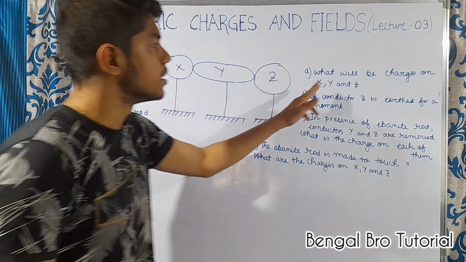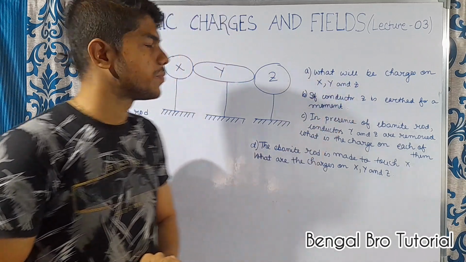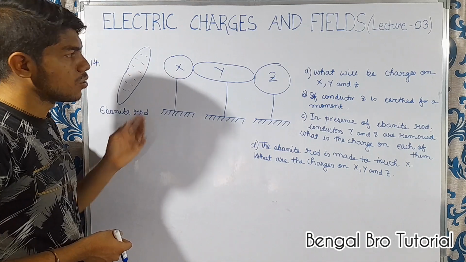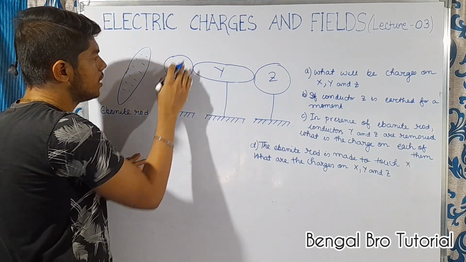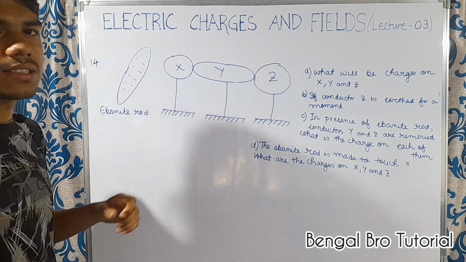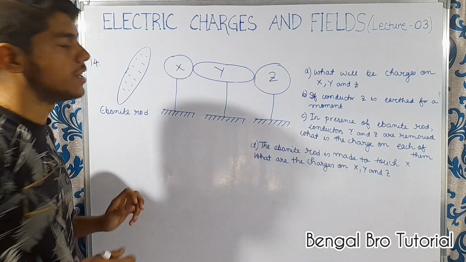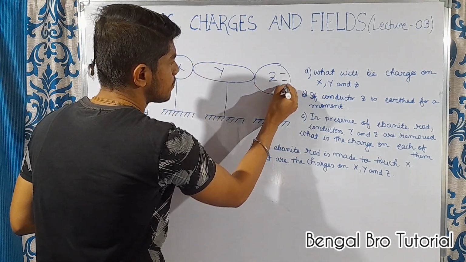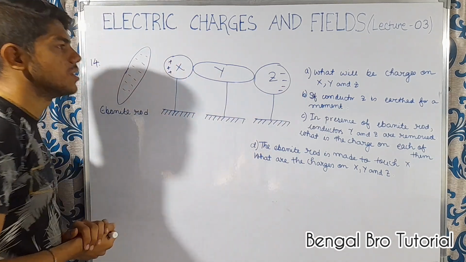Now question number A. What will be the charges on X, Y and Z? Now, when this ebonite rod is brought close to this system, the negative charge will repel the electrons on X. So the electrons will move from X to Z, and this side will become positively charged.